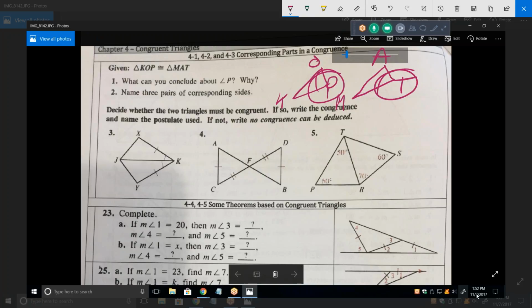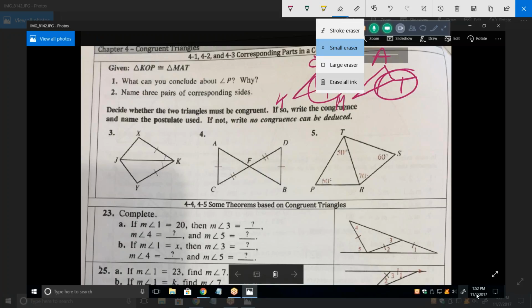KP corresponding to what in the other one? That's what they mean by 3 pairs. So KP and MT, 1 pair. And then KO and MA and OP and AT.